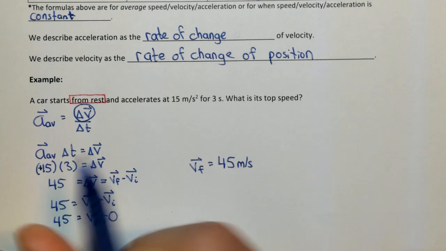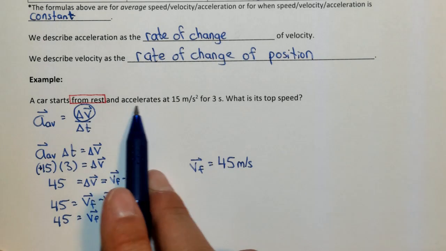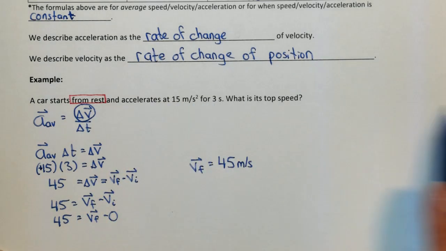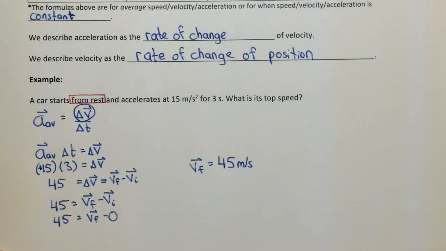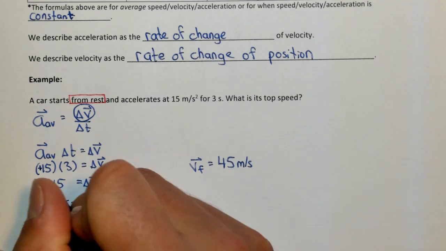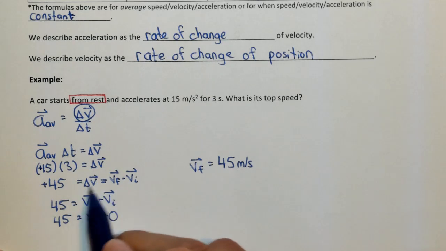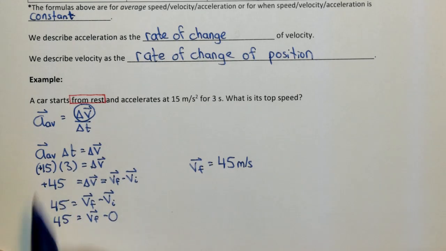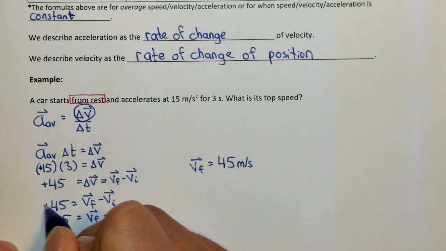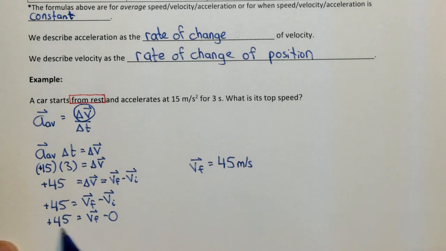This car is moving forward and speeding up. That gives it a positive acceleration. And that means this 45 here was a positive. So my change in velocity was positive or in the forward direction. So my Vf is positive or in the forward direction.